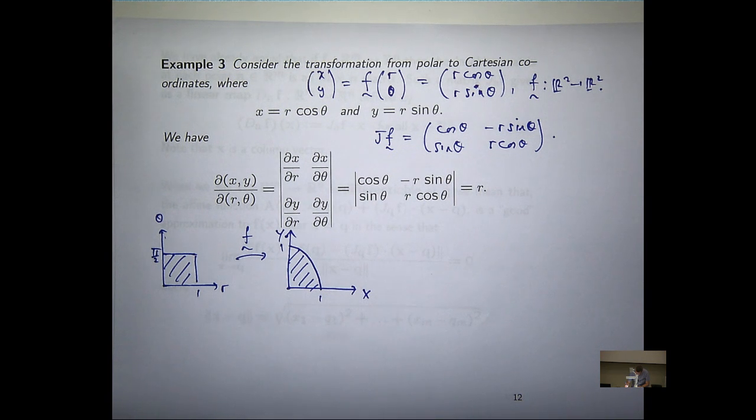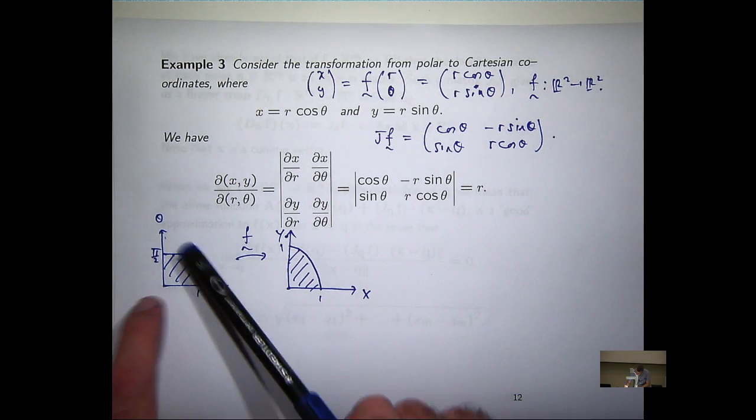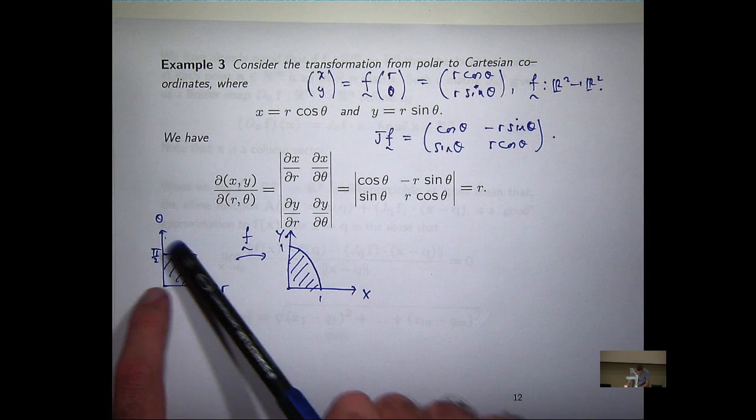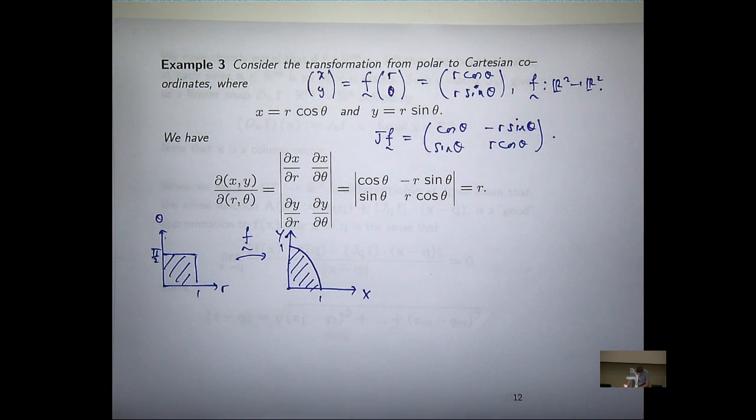So hopefully you can see that, in this particular example, f takes this, you've got 4 sides, one of them bent or curved, one of them shrunk down to a point, and this is of course going to influence the shape of the output of our f.